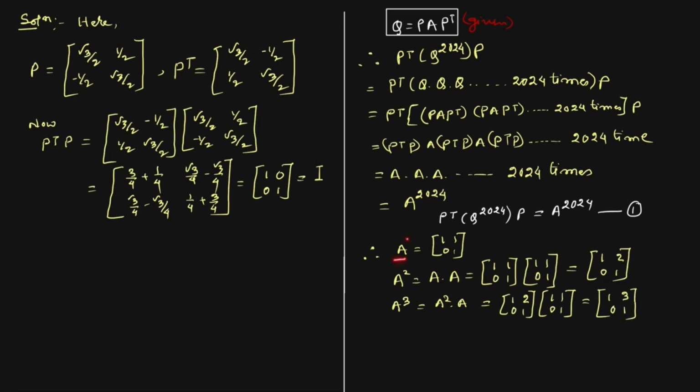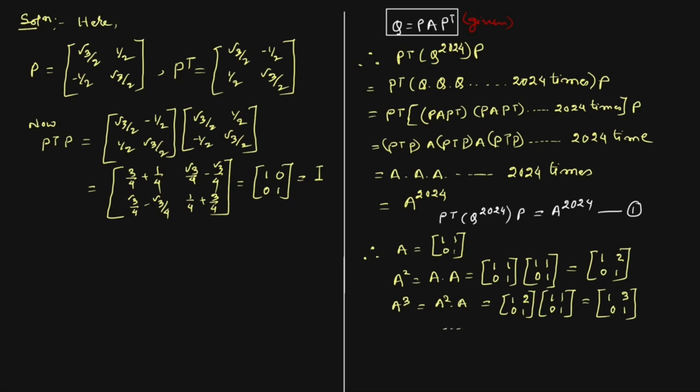Now we check the behavior of our final product. When A to power 1, then this element we get 1. When A to power 2, then this element we get 2, other remain same. When A to power 3, then this element we get 3, other remain same.